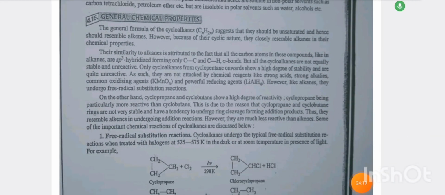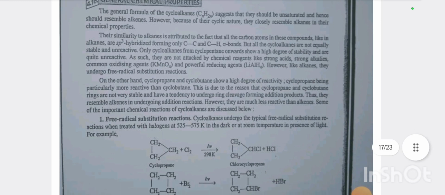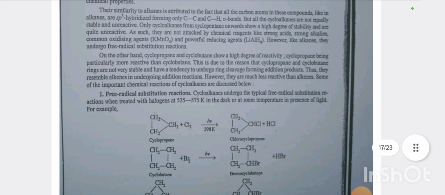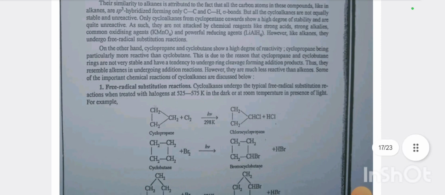The general formula of cycloalkanes suggests that they should be unsaturated and hence should resemble alkenes. However, because of their cyclic nature, they closely resemble alkanes in their chemical properties. Their similarity to alkanes is attributed to the fact that all carbon atoms in these compounds, like in alkanes, are sp3 hybridized, forming only C-C single bonds, not double bonds, pi bonds, only sigma bonds.